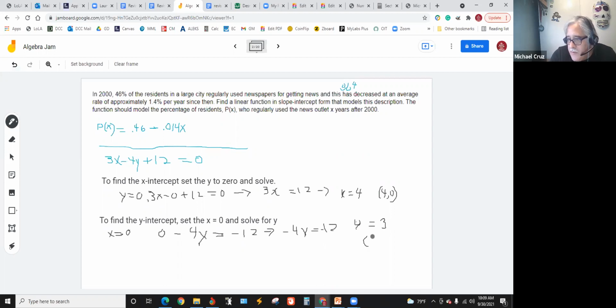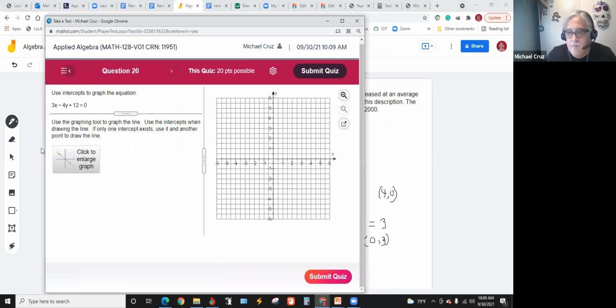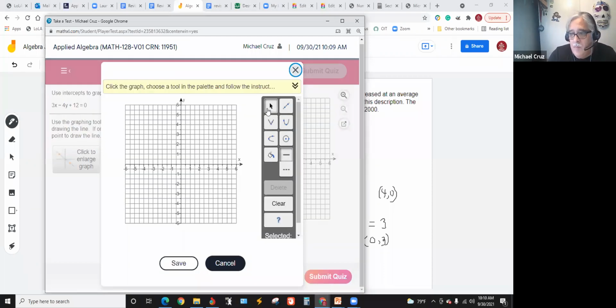So that's the point 0, 3. So 4, 0, and 0, 3.